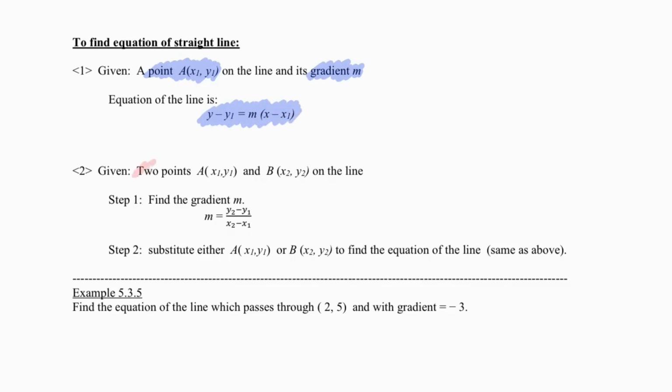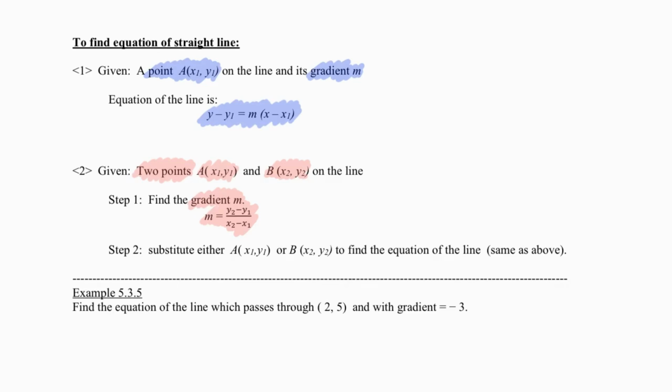But if we are given 2 points, A and B, then we have to do 2 steps. We find the gradient first using the gradient formula, and then we apply back.